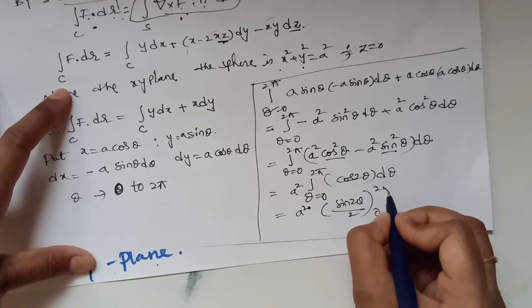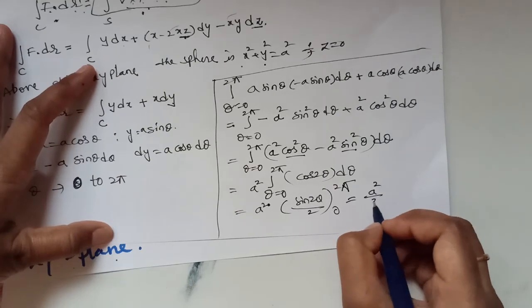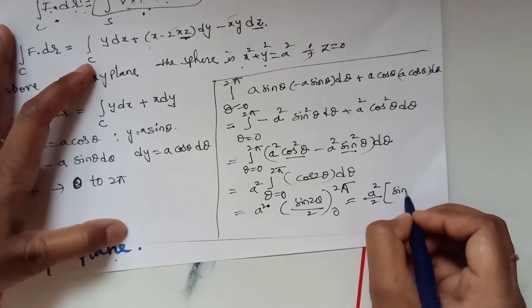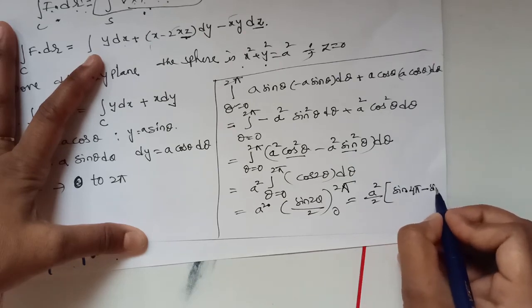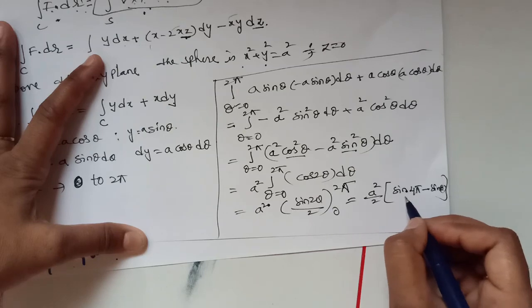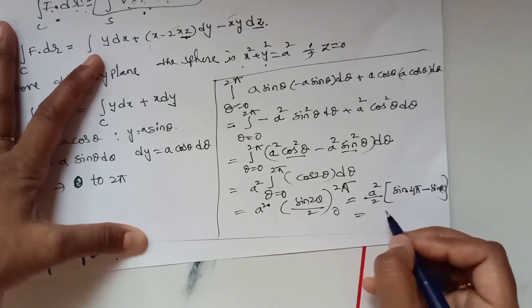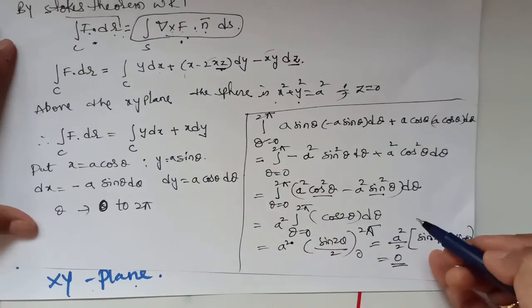Limits are from 0 to 2 pi. This is equal to a square by 2 into sin 4 pi minus sin 0. We all know that sin 0 is 0 and sin n pi is also 0. So 0 into something, you get 0. Therefore, the integral value is 0.